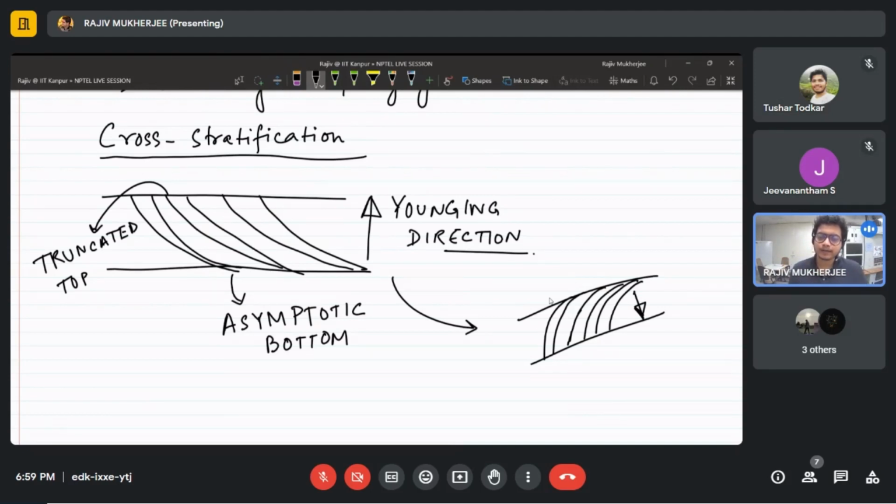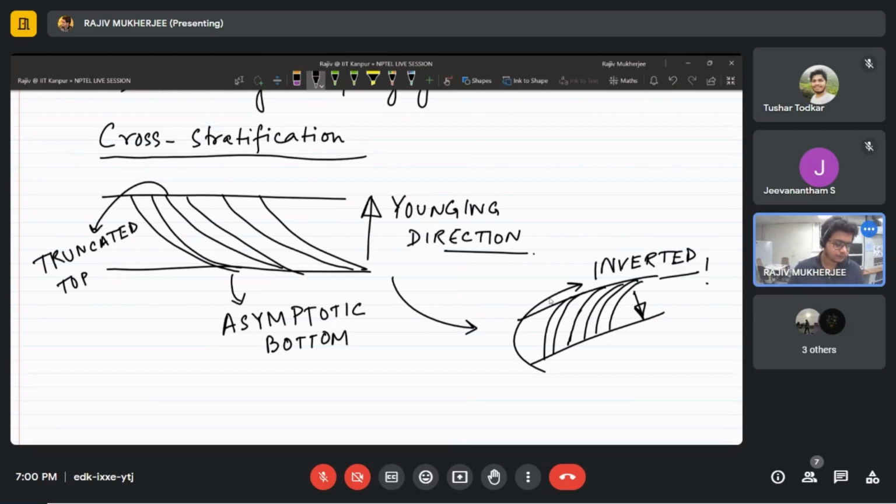Then the entire sequence is inverted, right? And that is how we can use this stratigraphic Younging direction to estimate whether the sequence is structurally overturned or inverted, right?